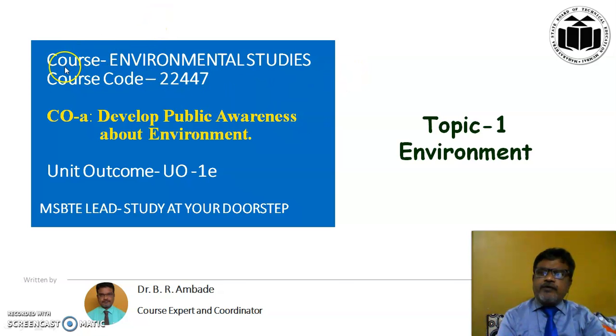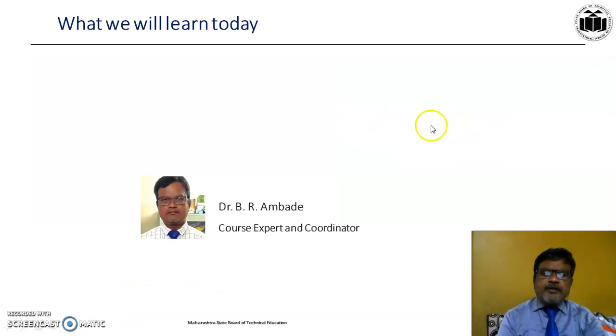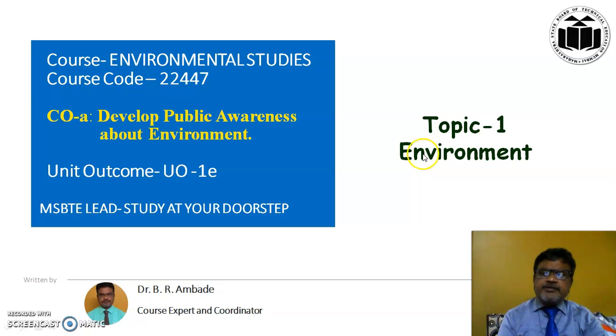Today, we have to study the course Environmental Studies having course code 22447 and the topic is environment. So here we have to satisfy CO A, which is develop public awareness about environment, and to satisfy this CO we have to study unit outcome UO1E.